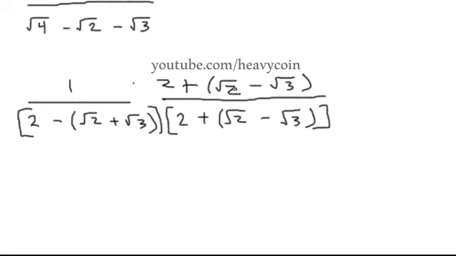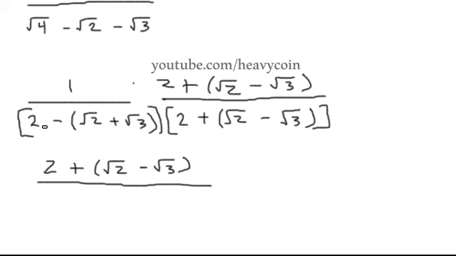So we have 1 times this up here, so I'm just going to rewrite this: 2 plus the square root of 2 minus the square root of 3. Now when we look at the denominator here, we multiply this out. 2 times 2 is 4. 2 times this stuff in parentheses, square root of 2 minus square root of 3, and then you would have 2 times this, and of course the inside terms cancel out.